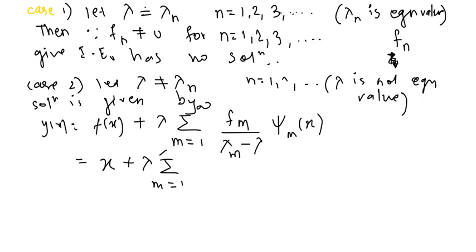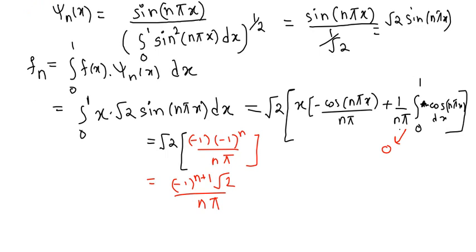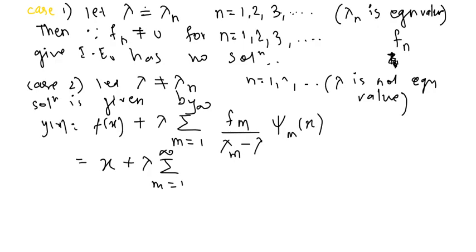What was fm? fn is equal to this, so fm will be minus 1 raised to m plus 1 root 2 divided by m into pi, and this is 1 divided by lambda m. So how lambda m's will look like, that also we can substitute, because we know the form of lambda n, right?